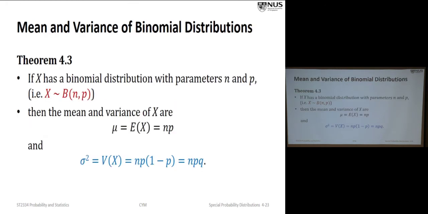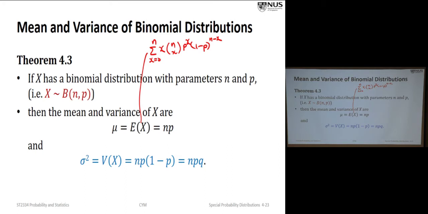There are at least 2 ways to do it. One, follow from the definition: x times the probability of x, then sum over x from 0 to n. Wow, look at it. How to get this sum? Very hard.